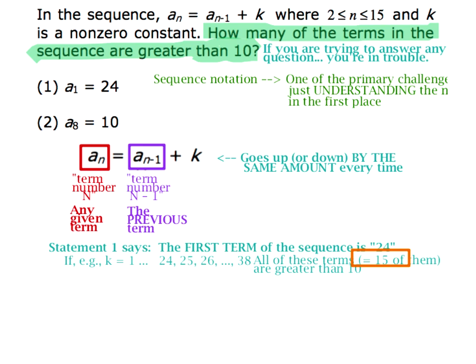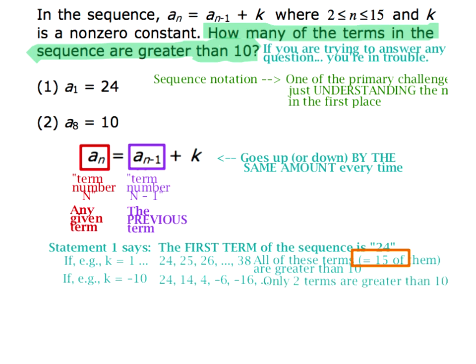For instance, if k is minus 10, then k equals negative 10. Then you have 24, and then your next term is 14, and then your next term is 4, and then your next terms are minus 6 and minus 16, and so on. So in that case, only the first 2 of those terms are greater than 10.